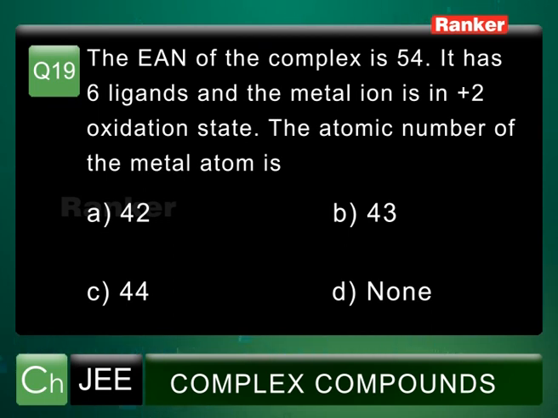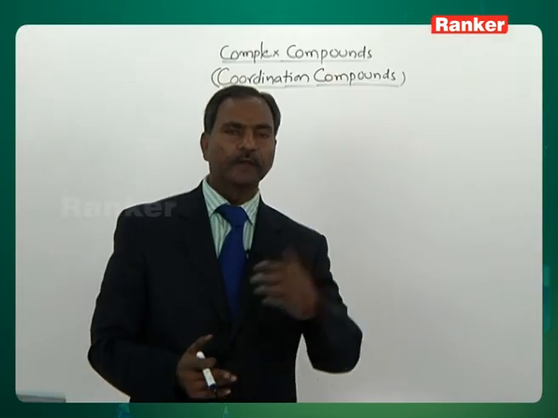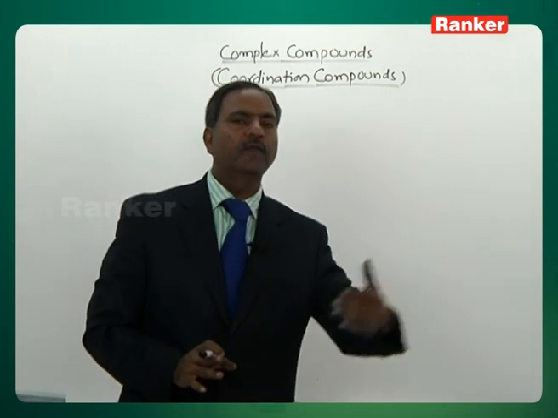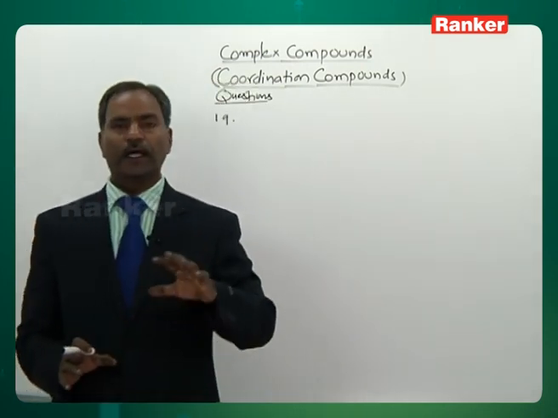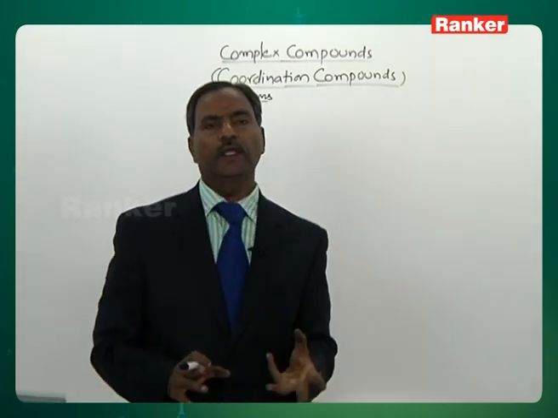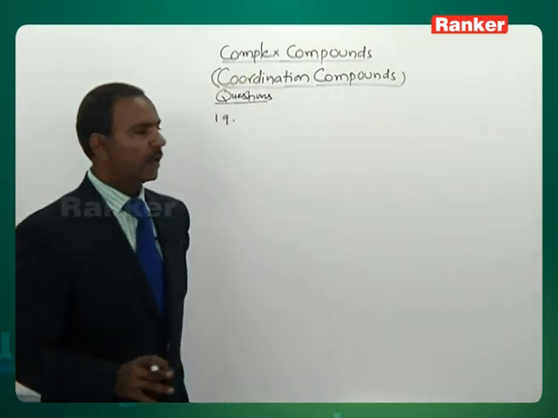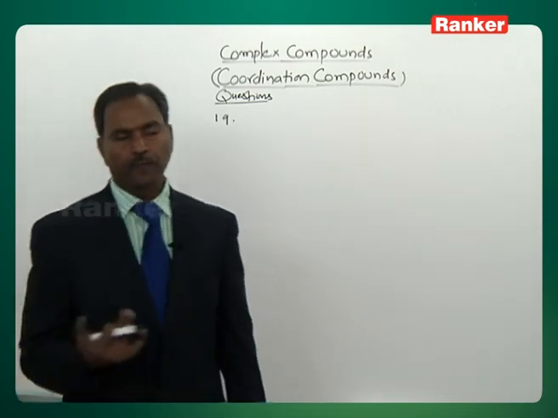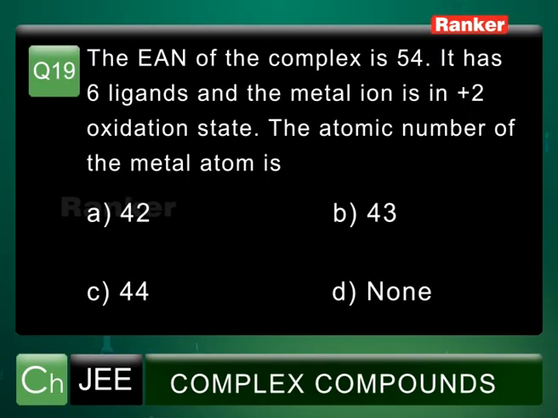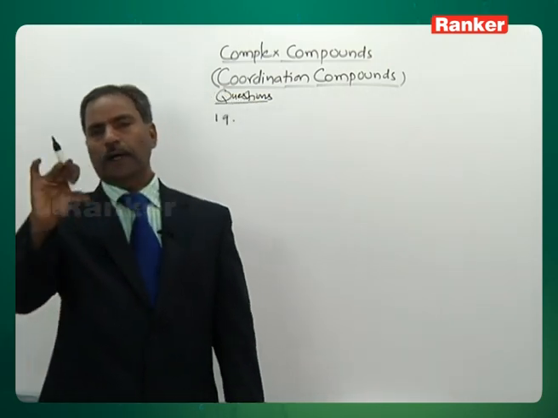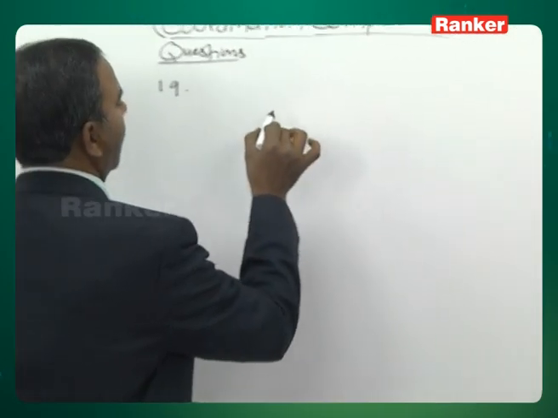The atomic number of the metal atom is, he has given the EAN and the oxidation number and the number of ligands, and the question is what is the atomic number of the metal atom or metal ion. Option A is 42, option B is 43, option C is 44, and option D is none. Now, let us see what we know according to the question.